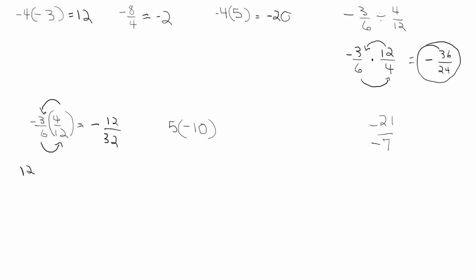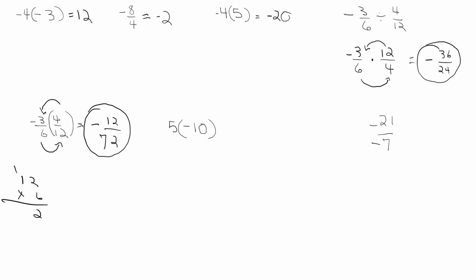Let me do this here. Oh, God. What am I doing? Brain fart. Oh, my gosh. I'm way off. 2, 1, 72. 72. Sorry about that. Negative 12 over 72.